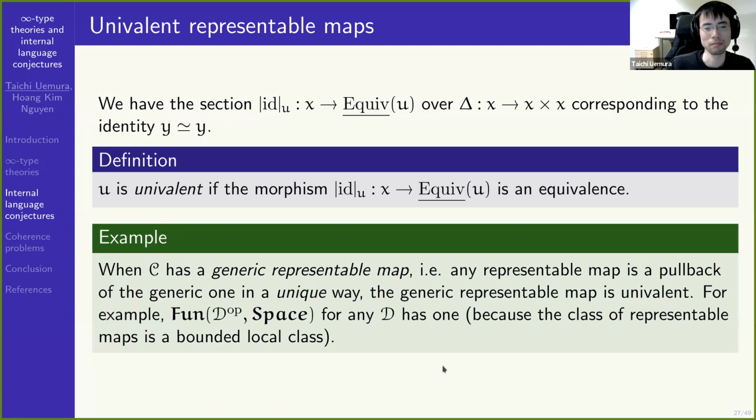This is essentially because presheaf categories form an infinity topos, but more concretely, when the base category D has finite limits, for example, then the generic representable map is constructible from the usual codomain fibration.